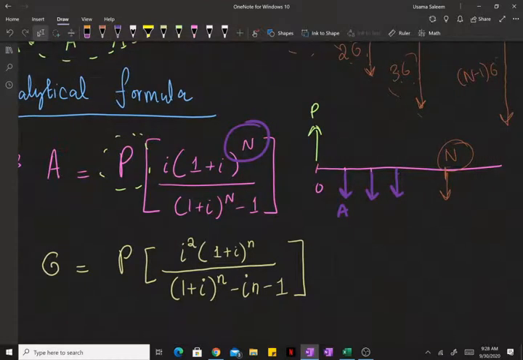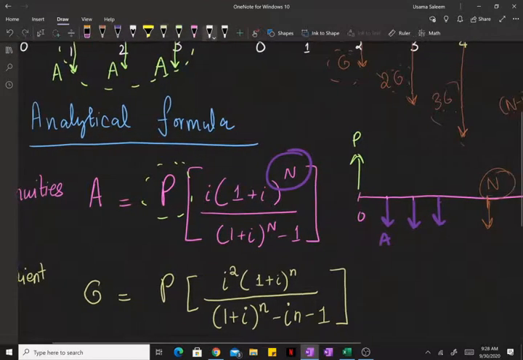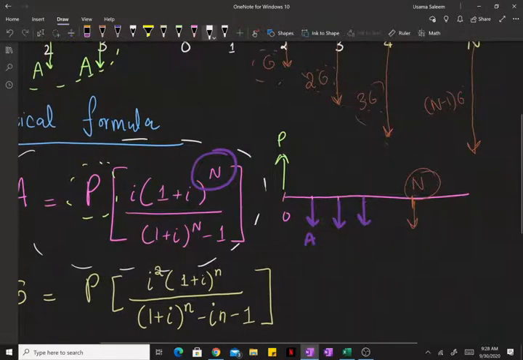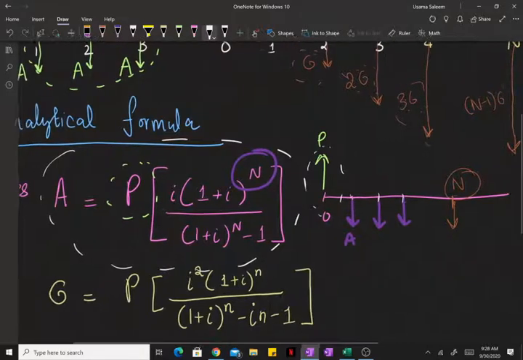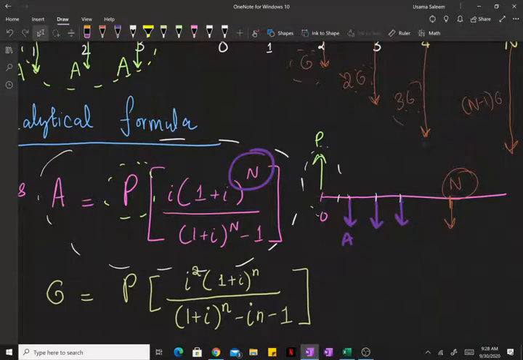So that's how the structure of the problem has to be laid out for you to apply this first formula. At year zero, you have to take the loan and you have to start paying it right off the bat at year one, year two, year three. There can't be any delay. If you don't pay anything at year one, then this formula is no longer going to be applicable.